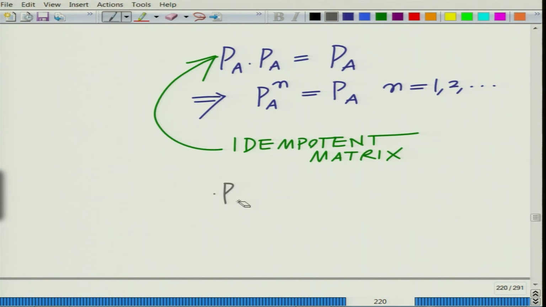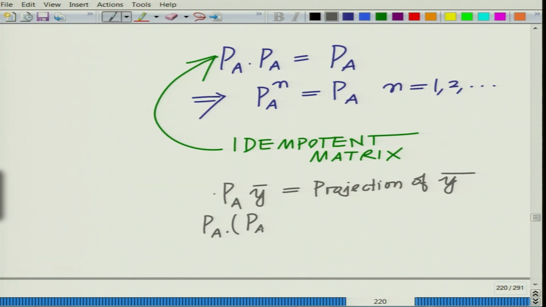PA into y bar equals the projection of y bar. Now, you take this and multiply it once again by PA, PA into y bar.